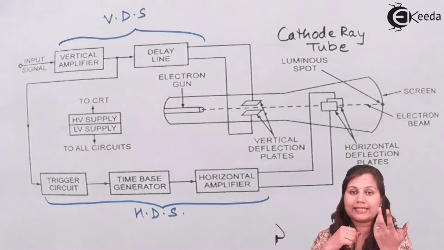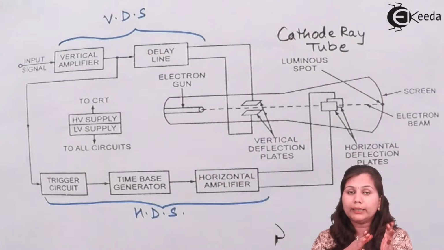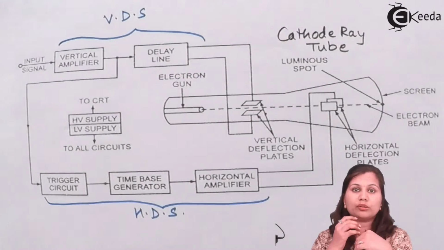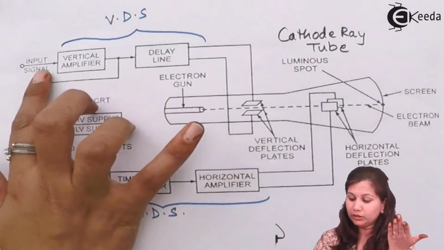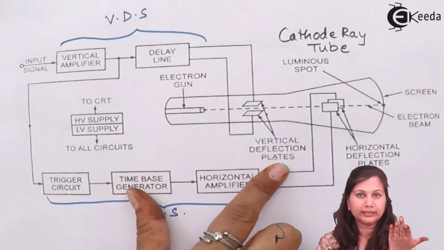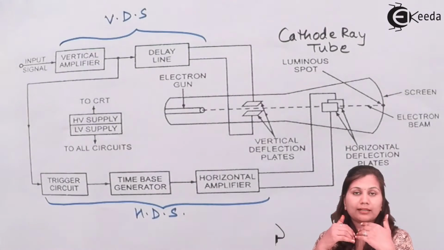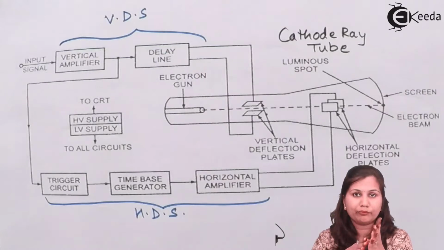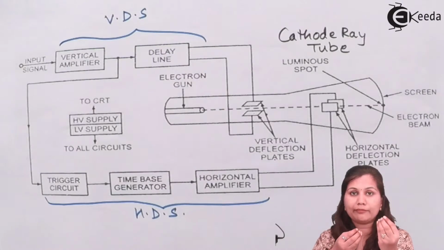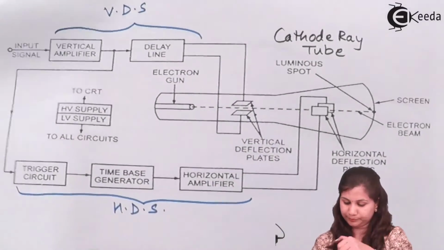Okay, so it is having two inputs, vertical input and horizontal input. Vertical input is the input signal which we want to analyze or visualize, so that is provided to the vertical amplifier and the vertical deflection plates. Then we are having the second input, that is the horizontal input, which is an internally generated ramp voltage. So that ramp voltage is generated through this time-based generator.